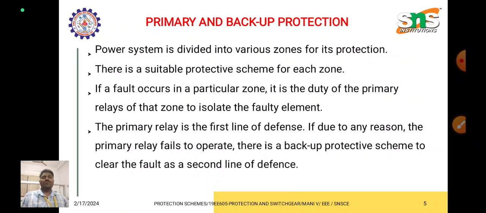If a fault occurs in any particular zone, it is the duty of the primary relay of that zone to isolate the faulty element. The primary relay is the first line of defense. Suppose, due to any reason, the primary relay fails to operate. Then without any time delay, the backup relay, the backup protection scheme, comes and operates in order to clear the fault. It is the second line of defense.